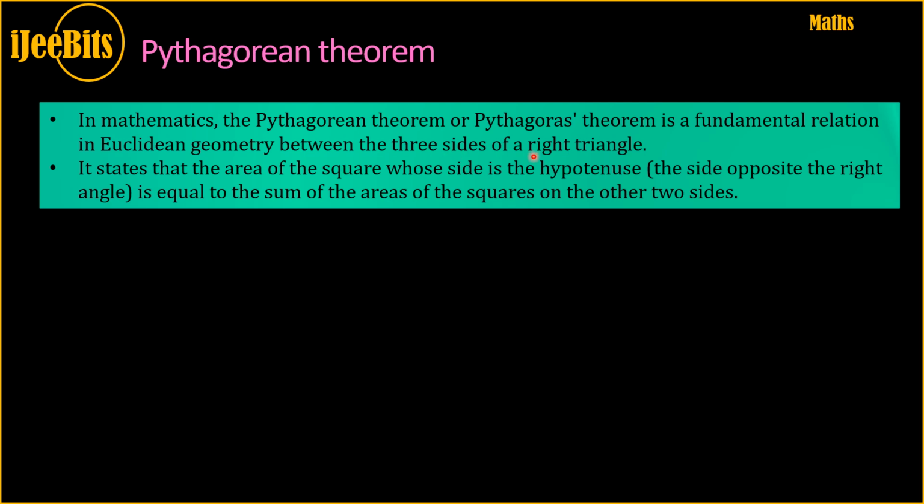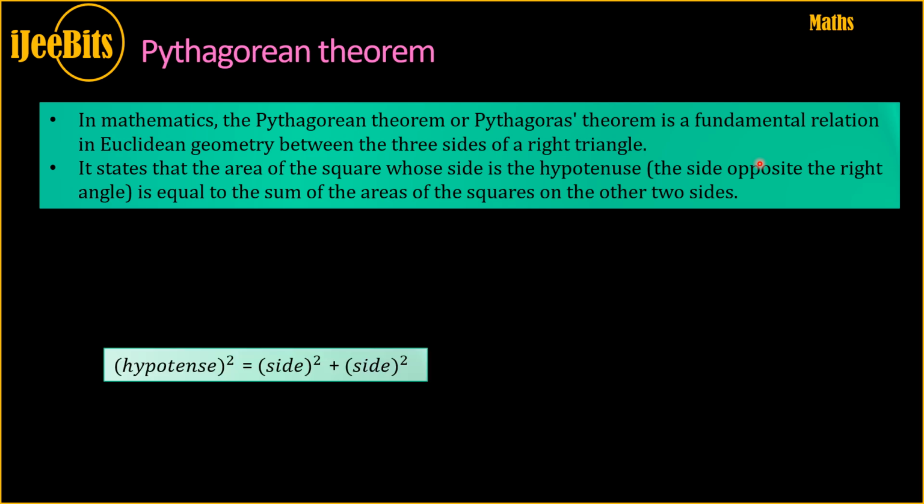What this theorem states is that the area of the square whose side is the hypotenuse, hypotenuse meaning the side opposite to the right angle, is equal to the sum of the areas of the squares on the other two sides. This is a simple principle with which you can calculate a missing side from the known other two sides. Let's see what I mean. This statement talks about hypotenuse square equal to side square plus side square.